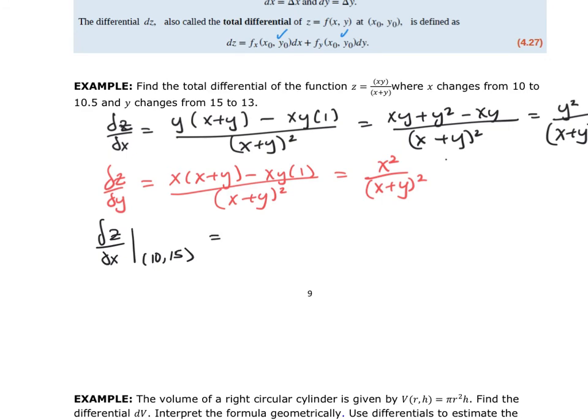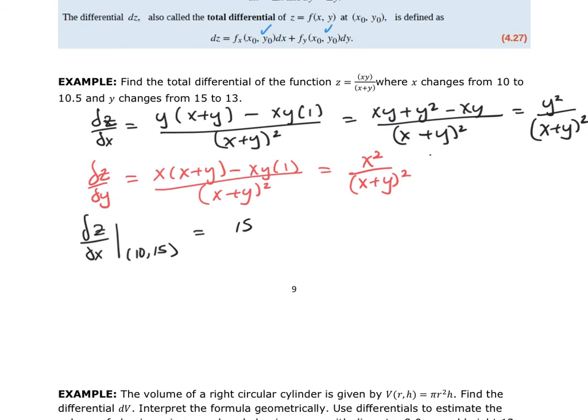So this is going to be 15 squared over (10 plus 15) quantity squared. I'm also going to do my dz/dy evaluated at 10 and 15, and this is going to give me 10 squared over (10 plus 15) squared.